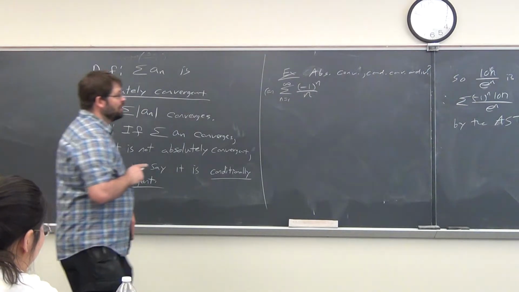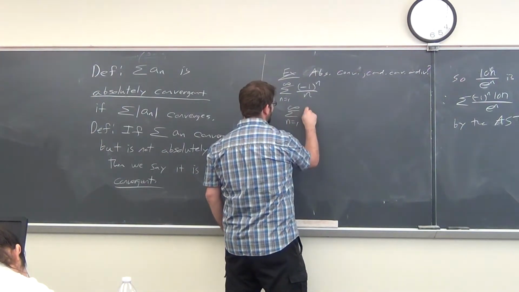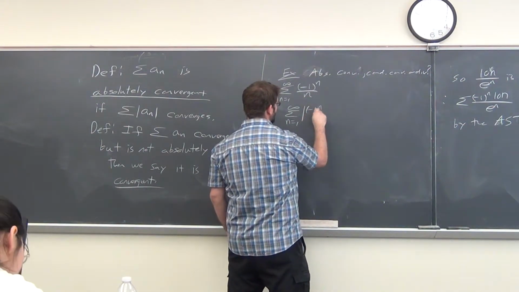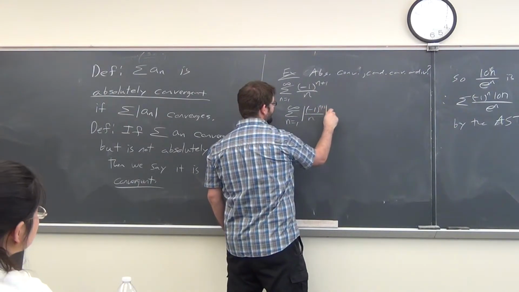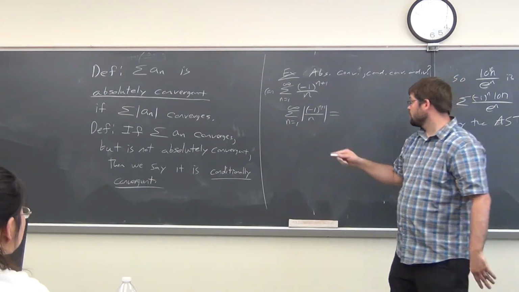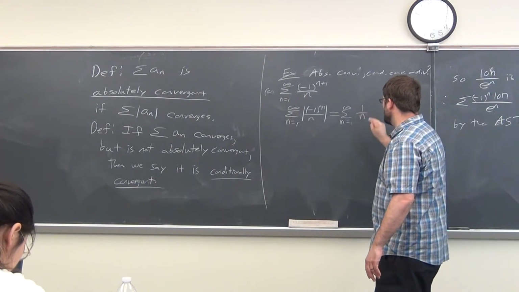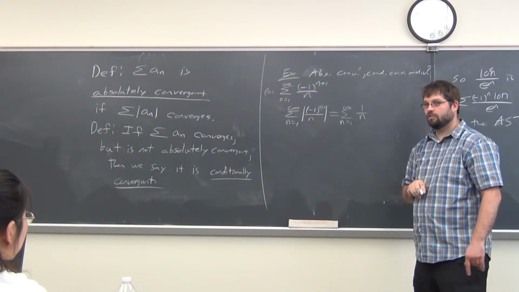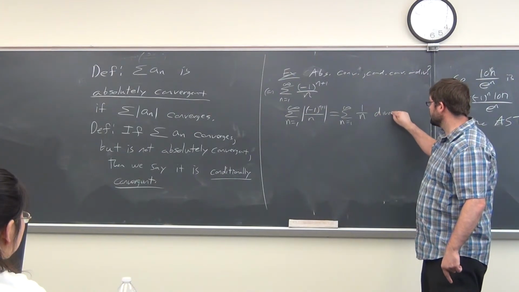So if I take absolute values, oh, I need one, n plus 1. If I take the absolute value, all that does is drop that -1 to the end, right? So it'll be just the sum of that, and does that converge or diverge? Diverge. It's the harmonic series, right?